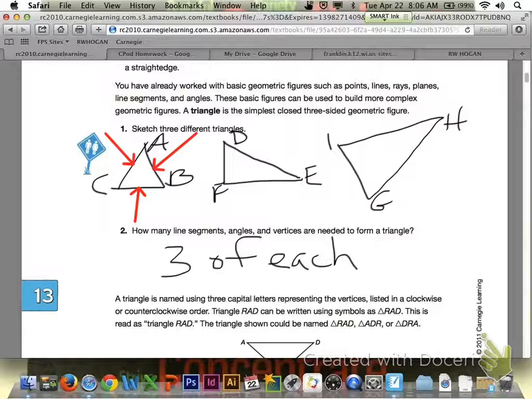If you take a look at the angles, you have angle A, angle B, angle C, and then as far as the vertices go, vertex, vertex, and vertex. So you have 3 of each in order to form a triangle.